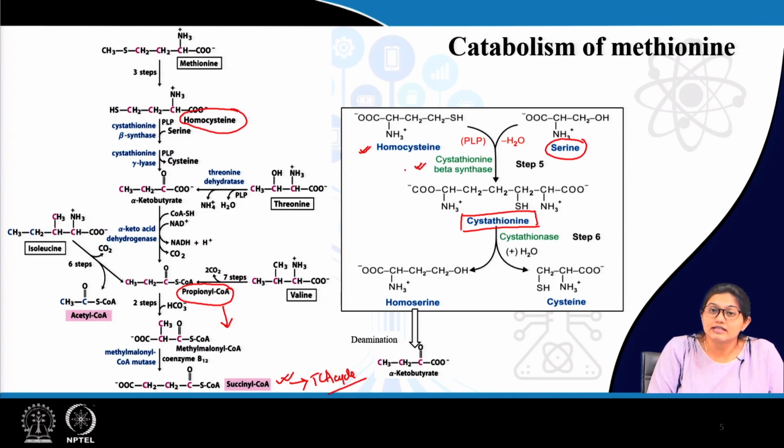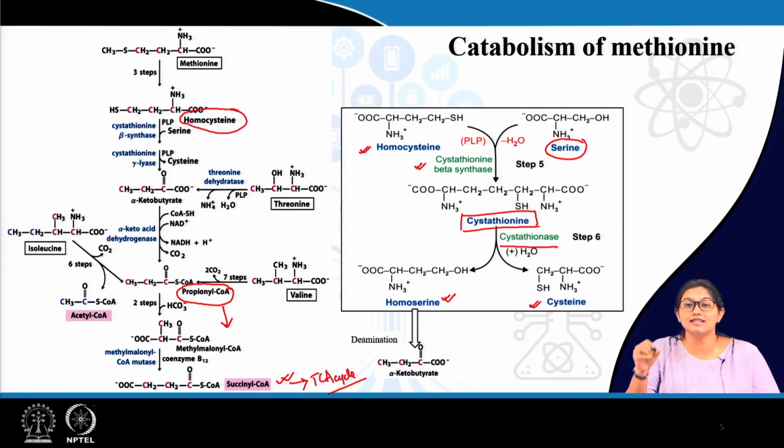Then cystathionase hydrolyzes this cystathionine molecule to form cysteine and homoserine. So, here you can see the amino acid cysteine is actually formed during the catabolism of methionine.